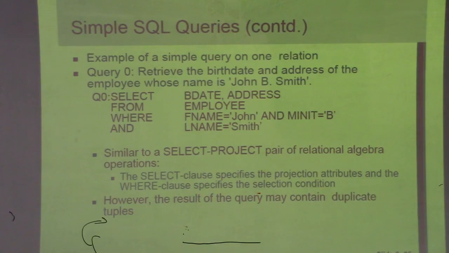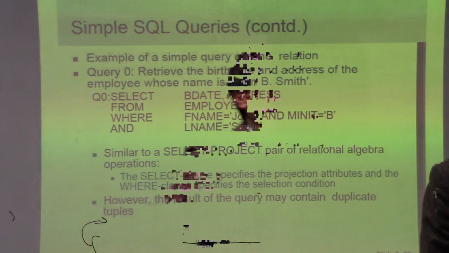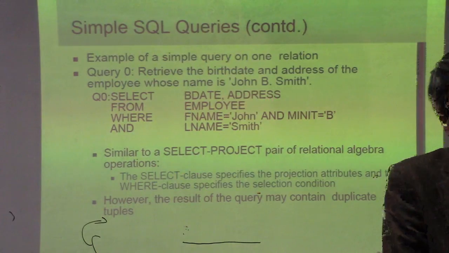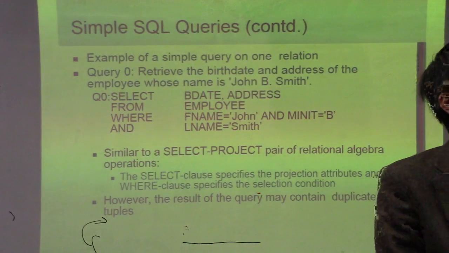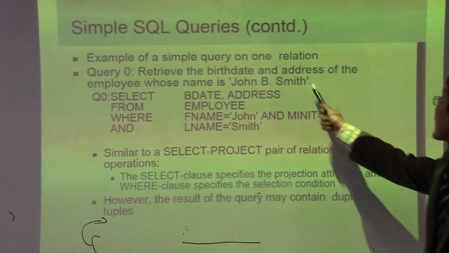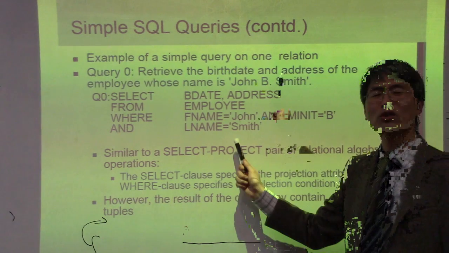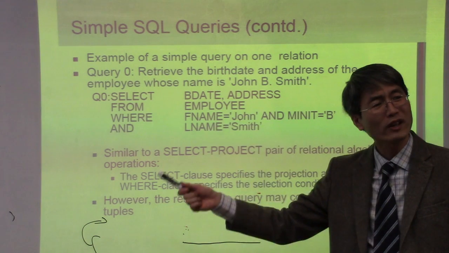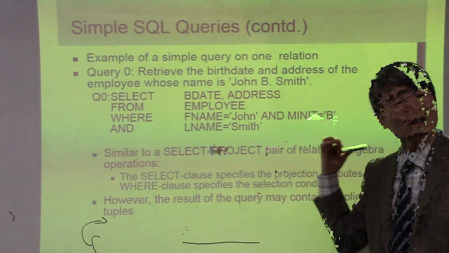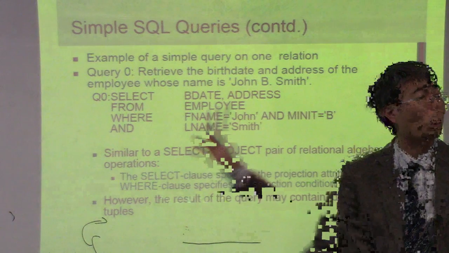For example, to retrieve the birth date and the address of the employee whose name is John B. Smith. One thing, in the database, the language is SQL, the only case sensitive part is what? This one. All the others actually don't matter. Lowercase, uppercase, you can use whatever you want.